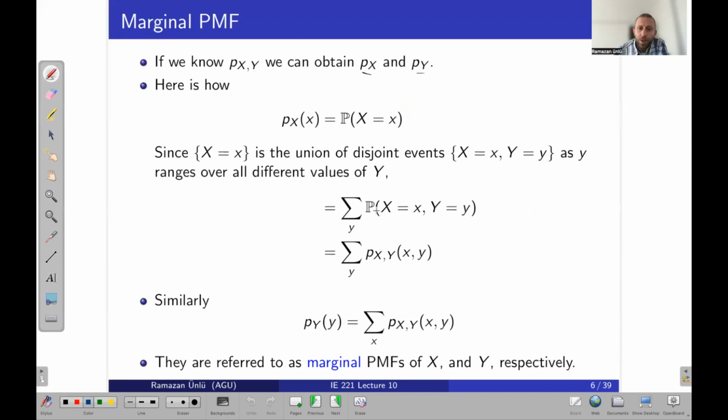So if I want to sum over all possible values, all corresponding probabilities for X, I will get the PMF of the single random variable, right?